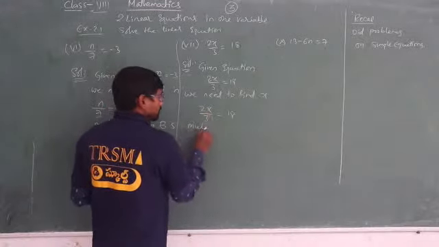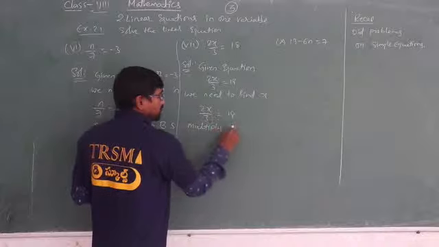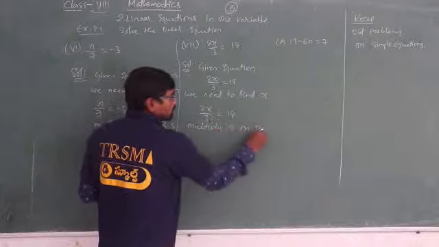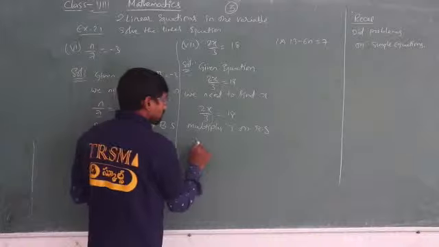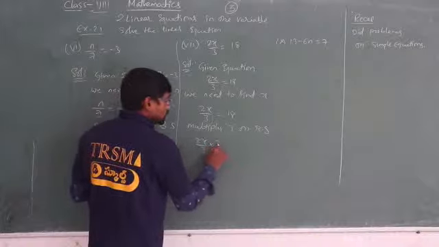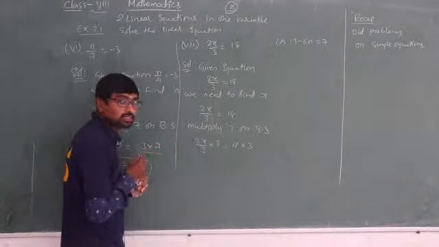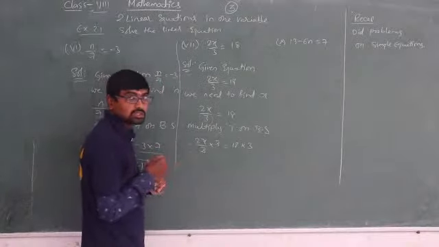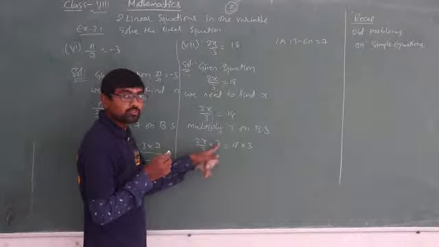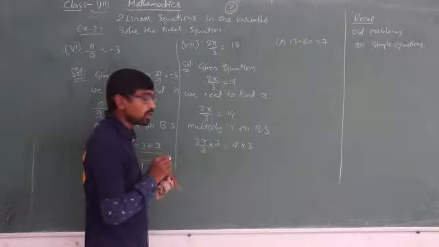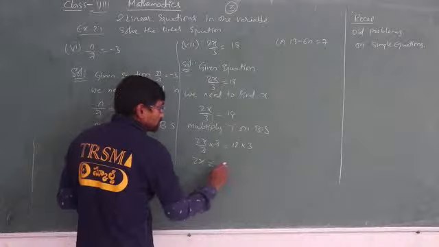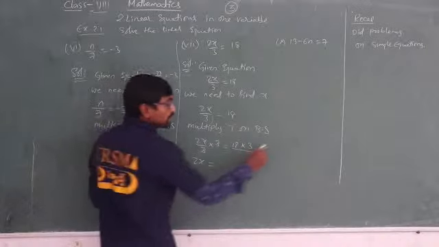So multiply 3 on both sides: 2x by 3 into 3 is equal to 18 into 3. If we divide 3 by 3, we get 1. So the remaining is 2x is equal to 18 into 3.